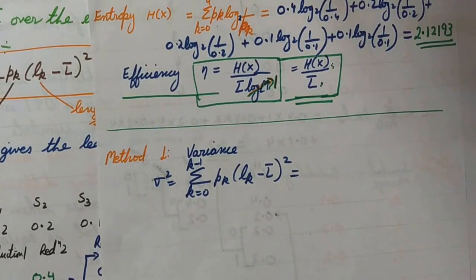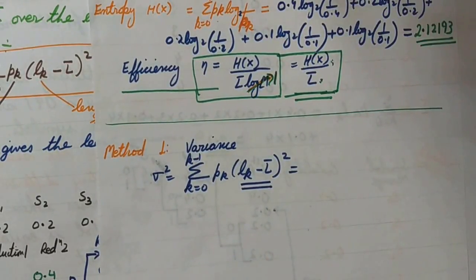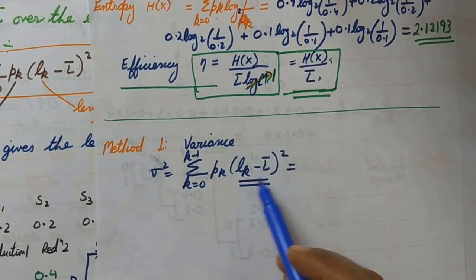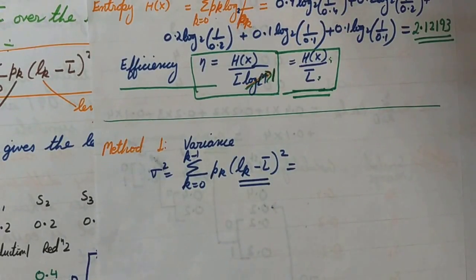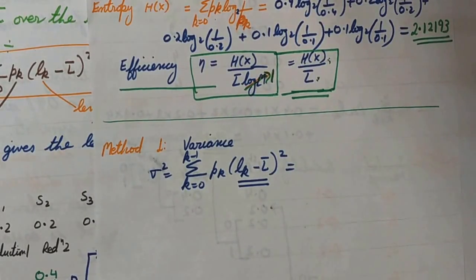Variance is a measure of the difference between the individual length of the code of the symbols and the average length of the code. We'll see how close these two quantities are. The closer the quantities, the lesser the value of the variance and the better the method. The method which has the least value of the variance will be said to be the best, and it will be opted for calculating the Huffman code.